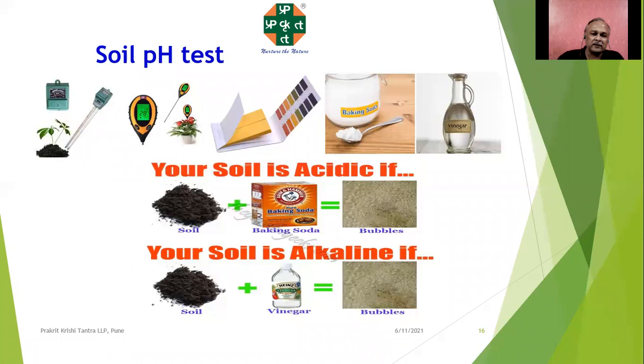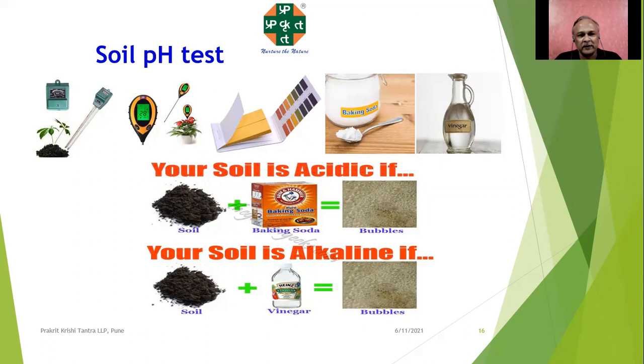The range is from 1 to 14, and between 1 and 14, 7 is neutral, that is neither acidic nor alkaline. Below 7 is acidic, and as you go down, the acidity increases. Above 7 is alkaline, and as you go up towards 14, the alkalinity increases. Now, for most plants, the ideal soil pH range is between 6 and 7.5.